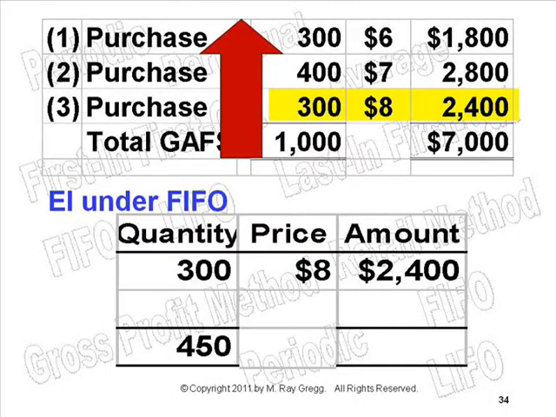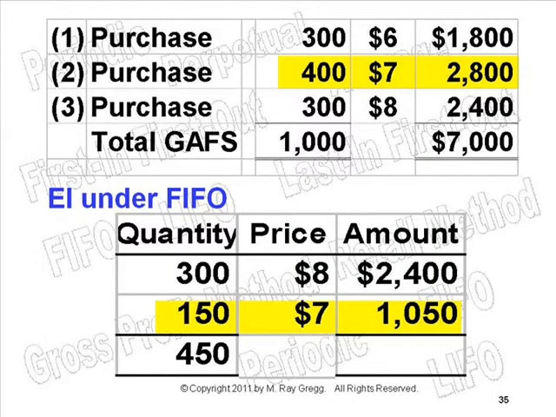Let's start. The very bottom item is 300 units, for which we paid $8 each. 300 times 8 is $2,400. Now we're looking for the remainder. We're looking for 450 total. I need 150 more. I'm moving up the list until I find those 150.